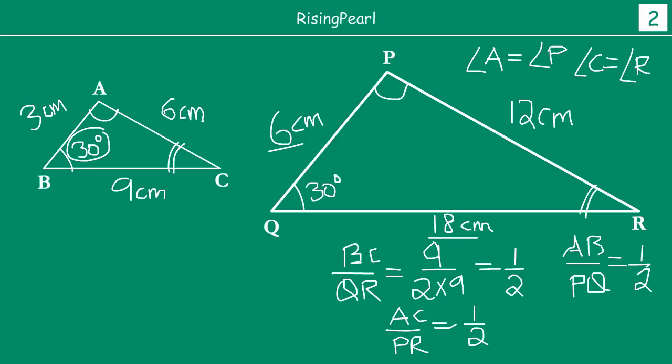So similarly, friends, in this case I have drawn a small triangle XYZ, where what I did was I actually drew each side to be 1/3 of this triangle. So I started off with this line and I drew this line with a measurement of 3 centimeter.